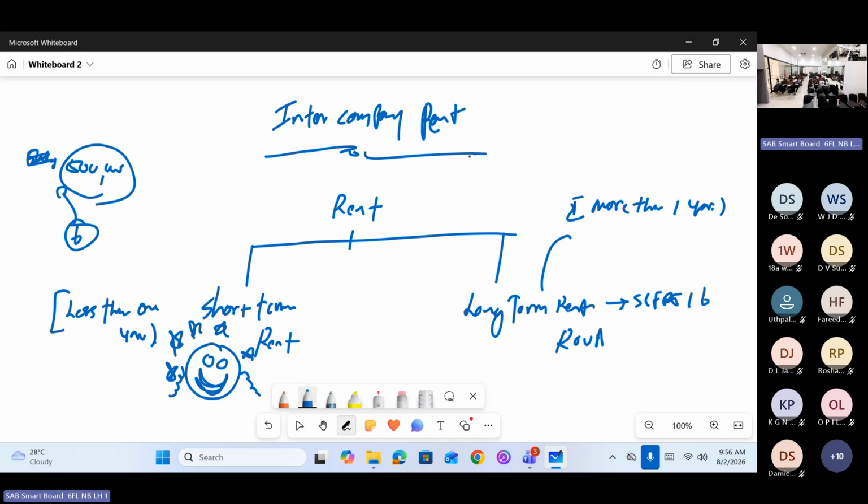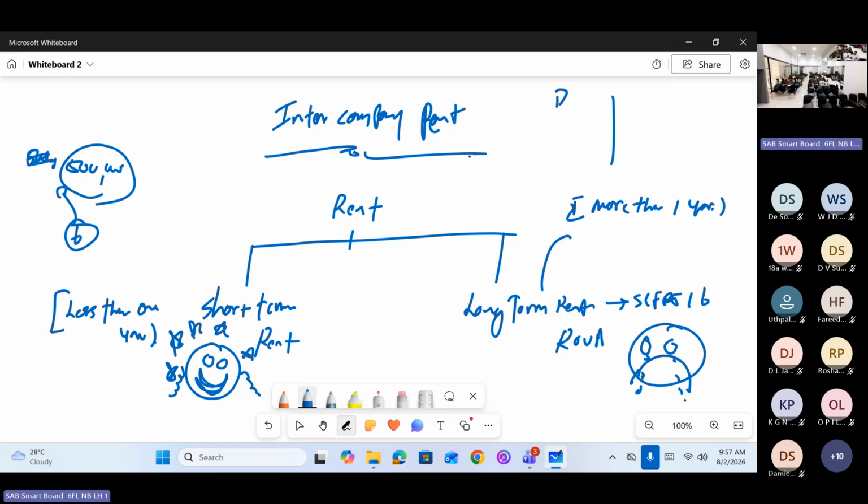But once you are coming to here, it is long-term rent. Long-term rent may be more than 1 year. What's the implication? We have two parties, right?